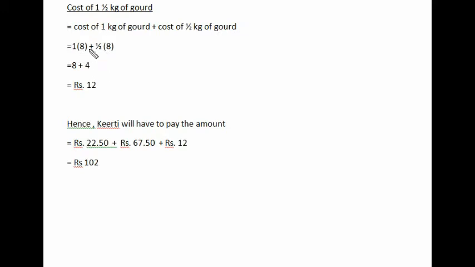So 1 into 8 plus half into 8. 8 ones are 8, plus here 8 divided by 2. So 2 4s are 8, so plus 4. 8 plus 4 is equal to rupees 12. Rupees 12 is the cost of 1.5 kg of ghee.